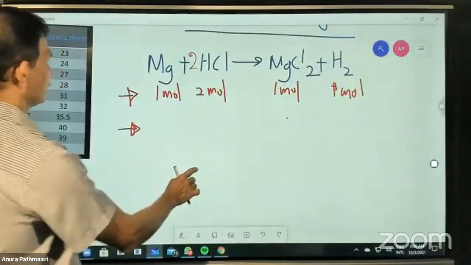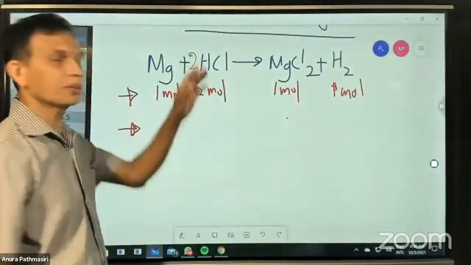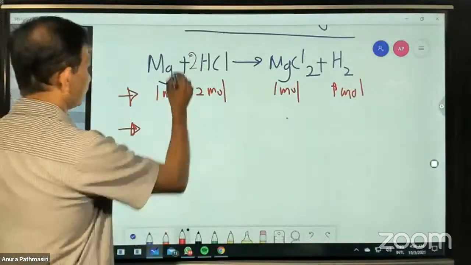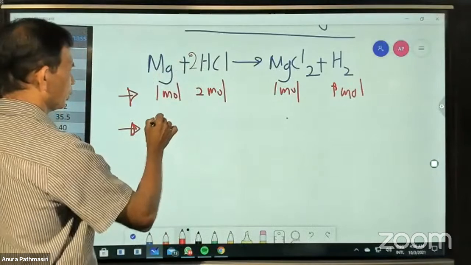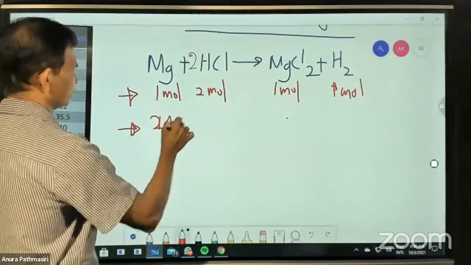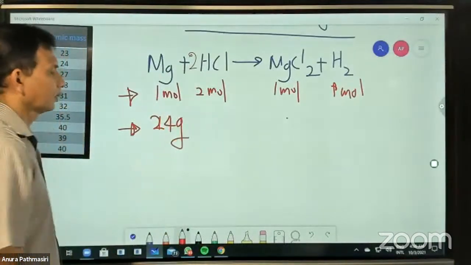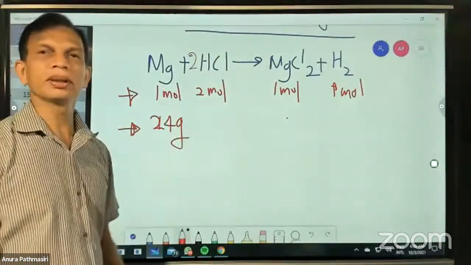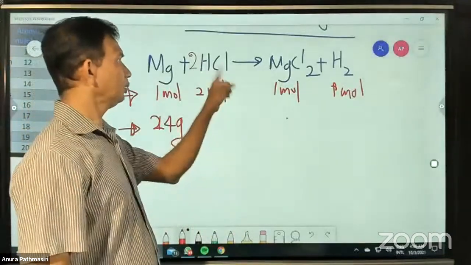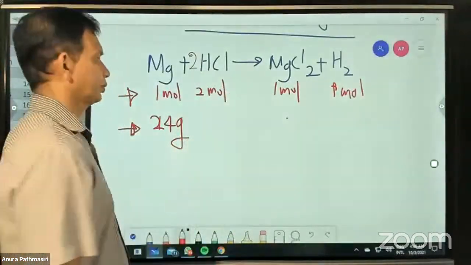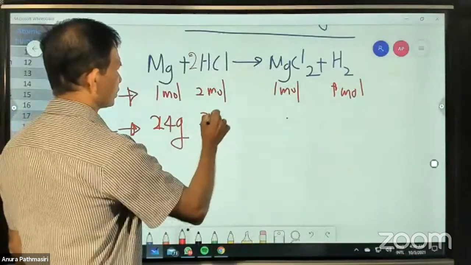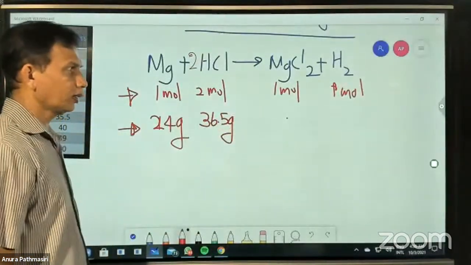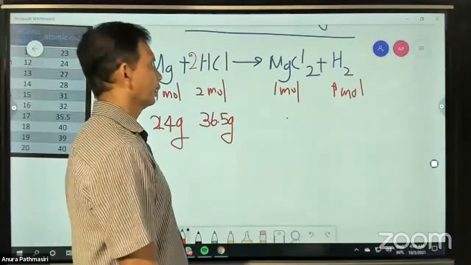Okay, I'm going to select now. Express this in the masses. Magnesium, 24 gram. Hydrochloric acid, how many grams? 36.5 grams. Magnesium chloride. You are very clever at maths.